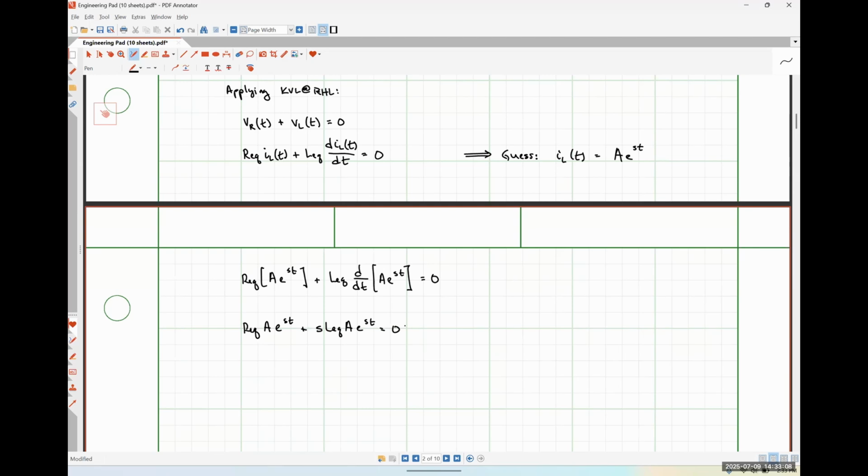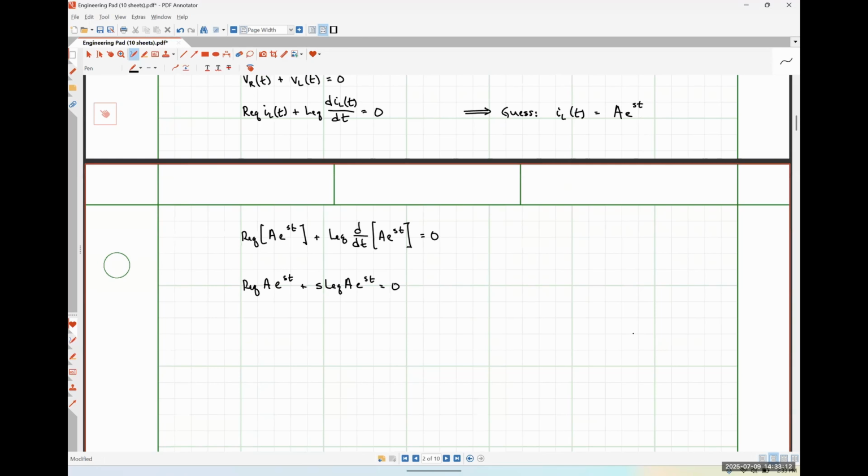And now I'm just going to rearrange things a little bit. There's a common factor of A in both of my terms, so I'm going to pull that out. And there's a common factor of e to the st in both of my terms, so I'm going to pull that out. And what is left behind is just REQ plus S times LEQ.